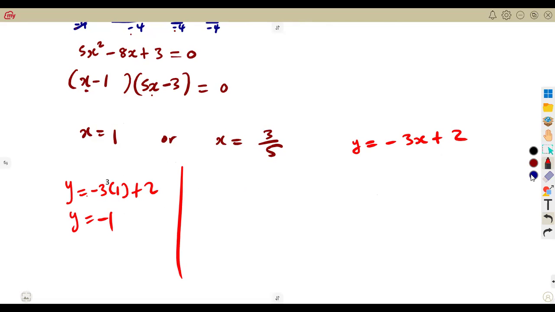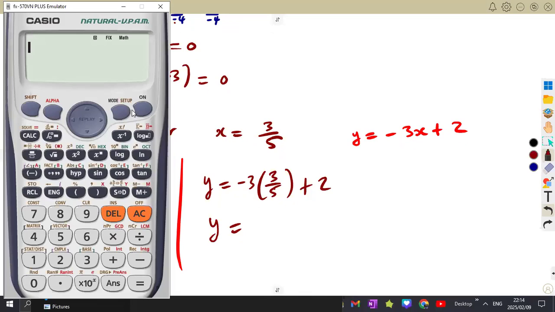All right, on the condition that x is 3 over 5, y was going to be minus 3 into 3 over 5, plus 2. There we can simply use our calculator. I did not prepare this one, guys, so I'm just going to bring my calculator here.